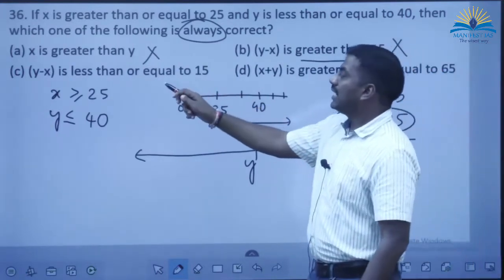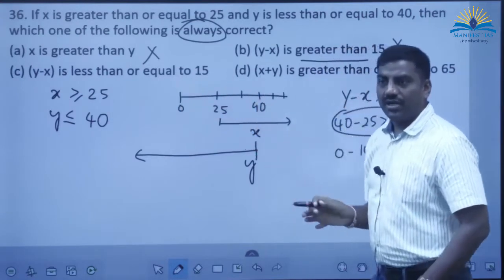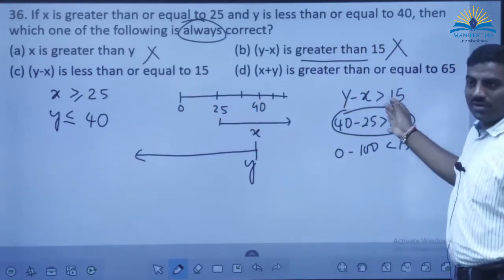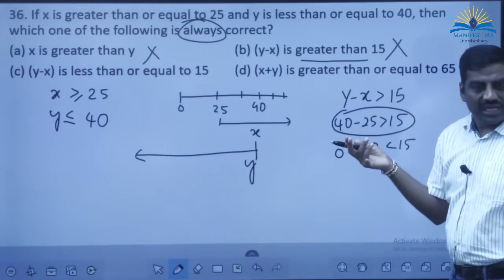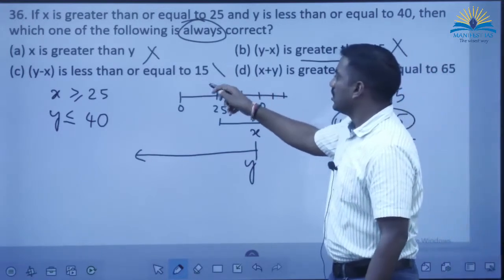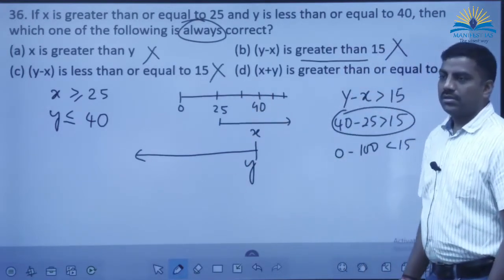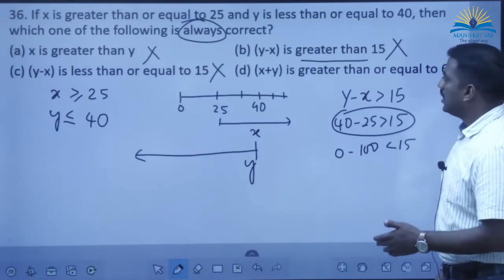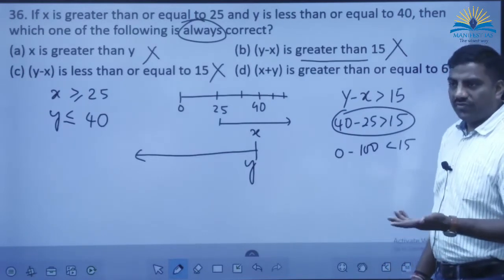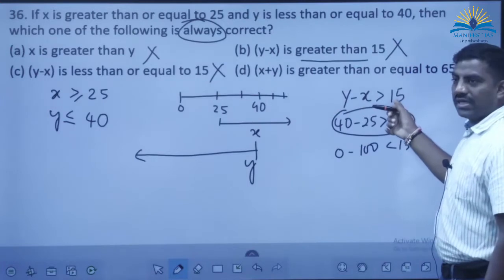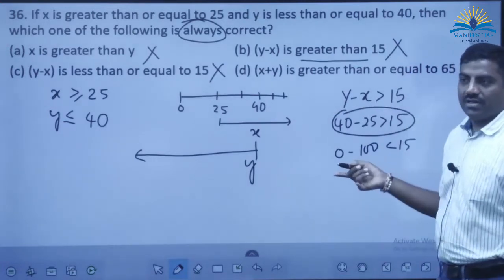Similarly, y minus x is less than or equal to 15. Here only we saw, no? Y minus x is greater than 15. So even this is wrong. Y minus x is lesser than or equal to 15. But here we have proved that y minus x is greater than 15.